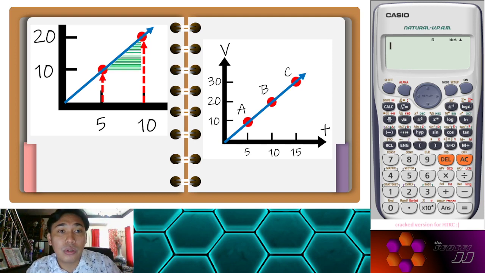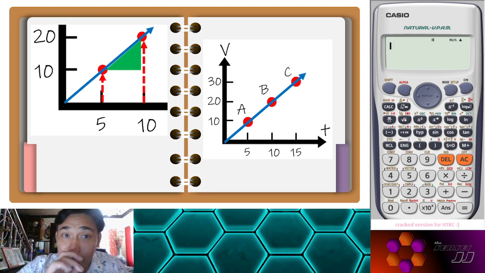Because, as you can see, we can get a triangle there.